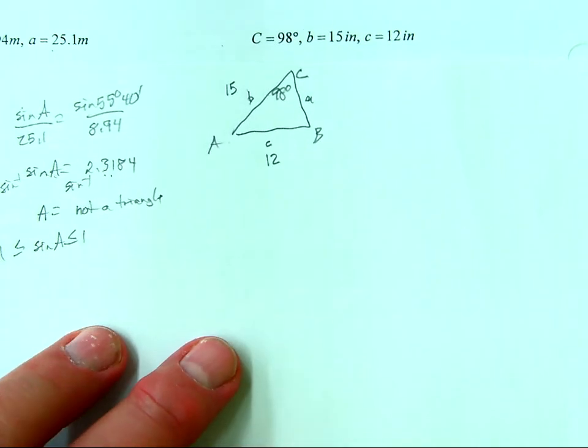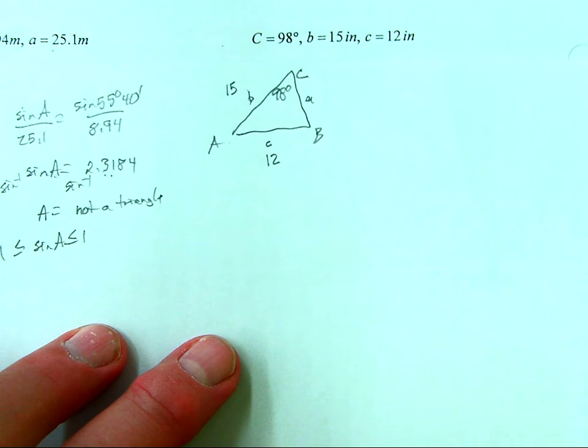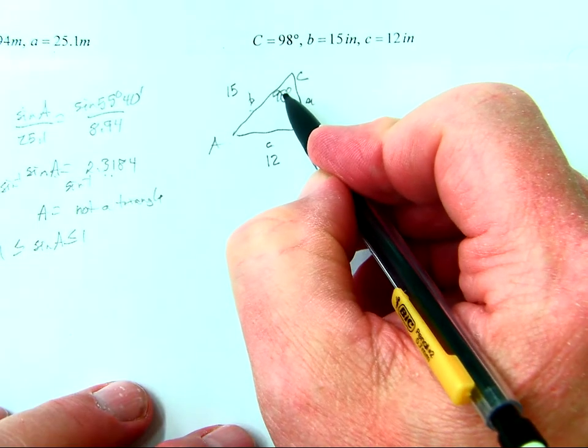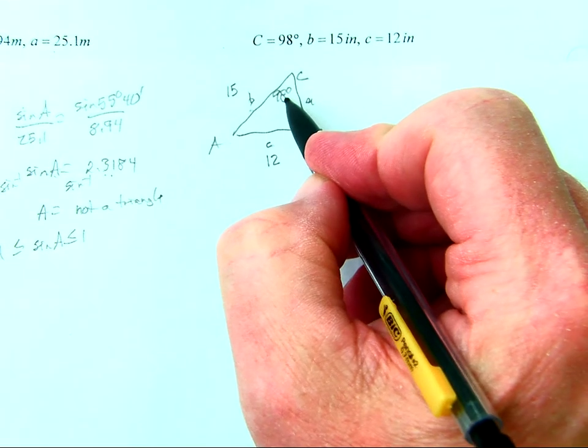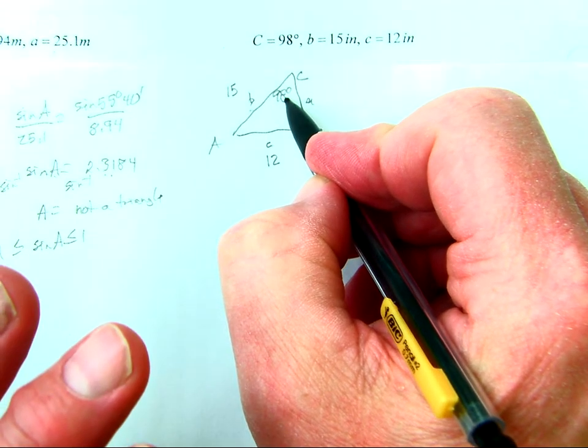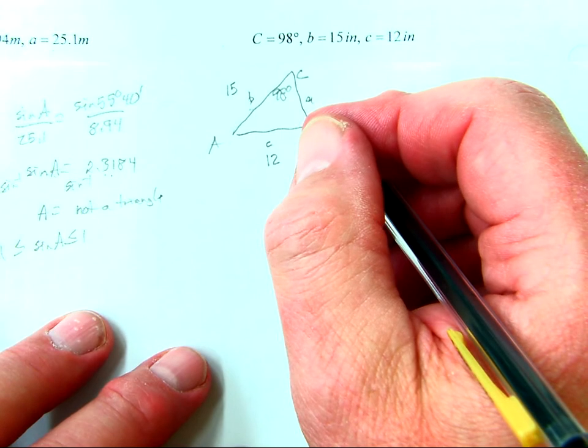Now, if we were checking to see if this has more than one solution, notice we were given side-side-angle, so it satisfies that. But here our angle is an obtuse angle. That can only have one solution. So we don't have to worry about two here.